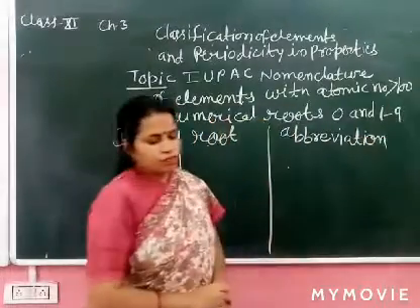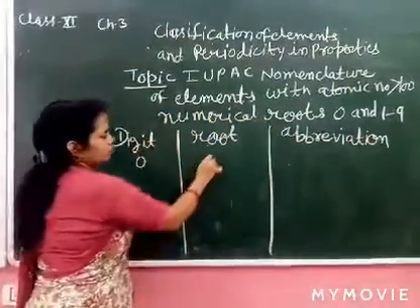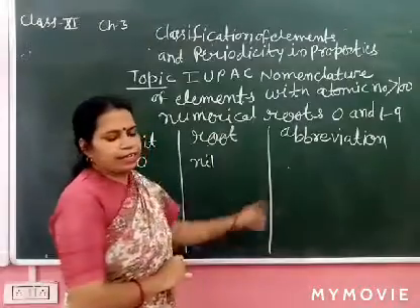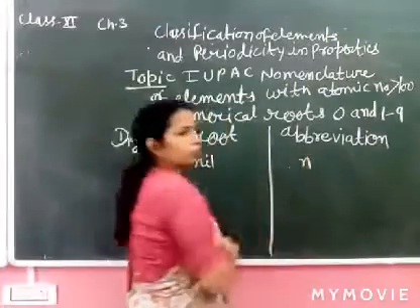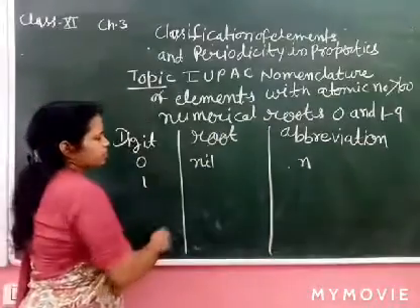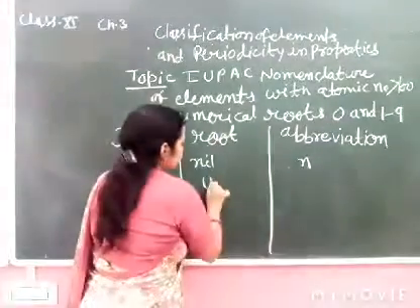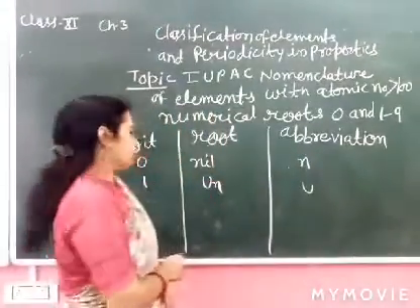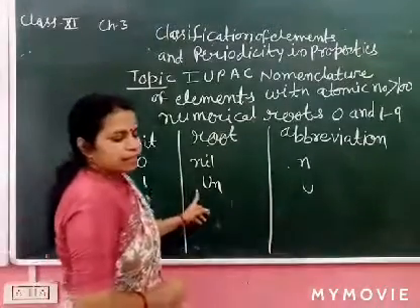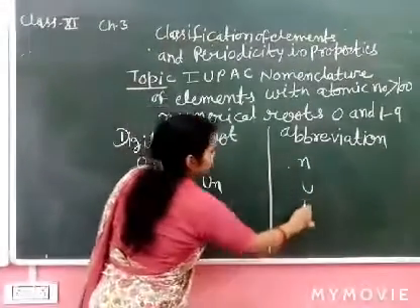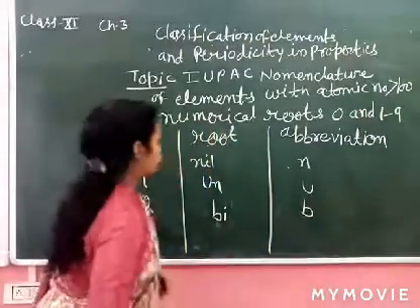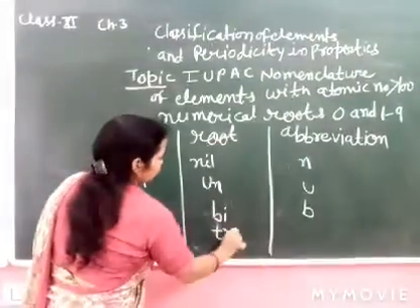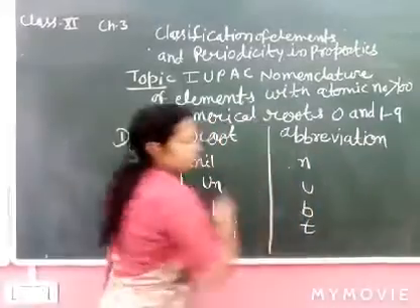If the digit is 0, the root is nil and the abbreviation is N. When the digit is 1, the root is un and the abbreviation is U. The second is bi and you write B. The third is tri, and the symbol is T.